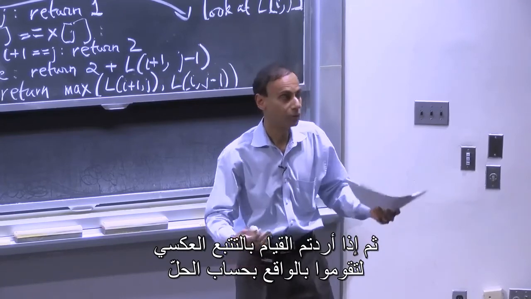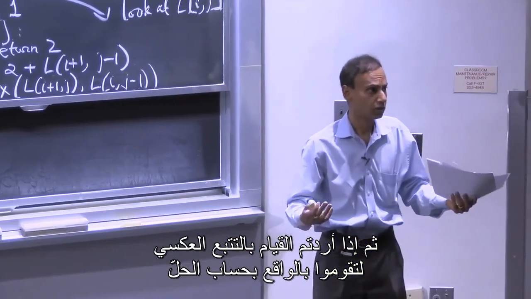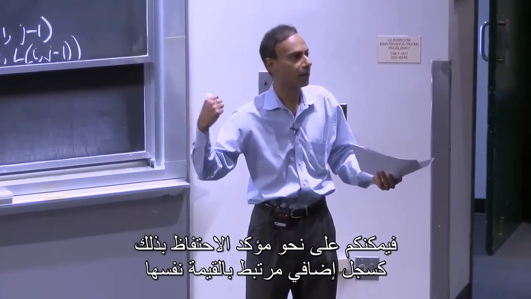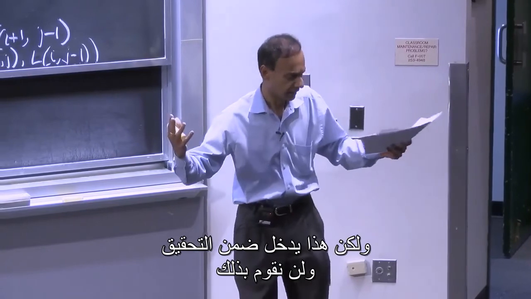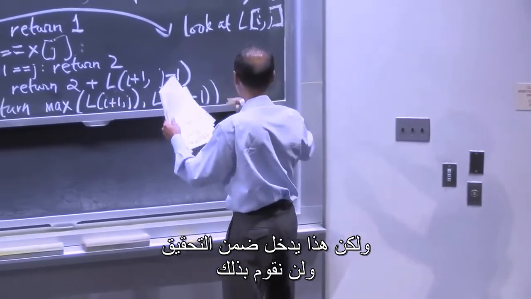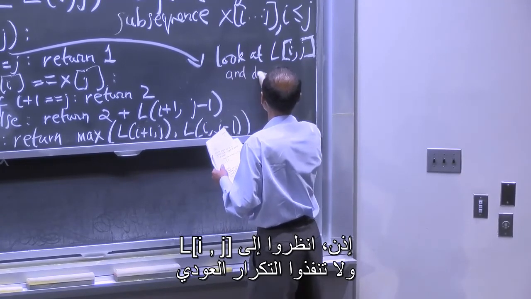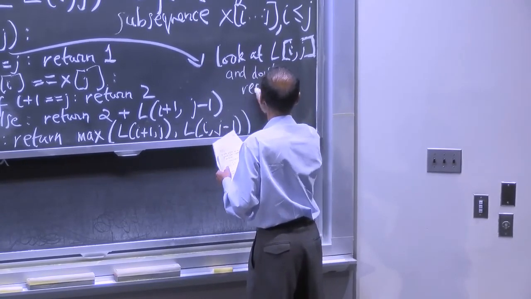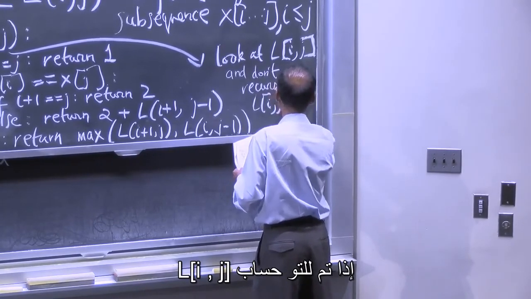Okay, and then if you want to do the backtracing to actually compute the solution, you can certainly have that as an additional record connected to this very same value, but that's implementation, and we won't really go there. So look at L[i][j] and don't recurse if L[i][j] is already computed.